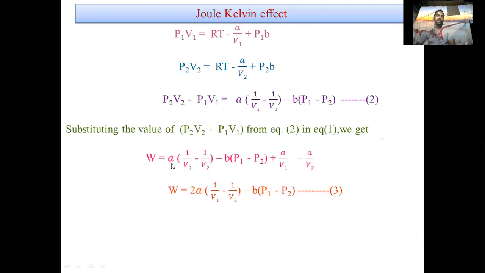Now W = a(1/V1 − 1/V2) − b(P1 − P2) + a/V1 − a/V2. Now this value and this value are the same. That's why W = 2a(1/V1 − 1/V2) − b(P1 − P2). This is called equation 3.